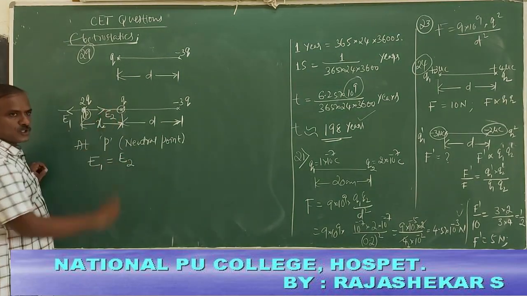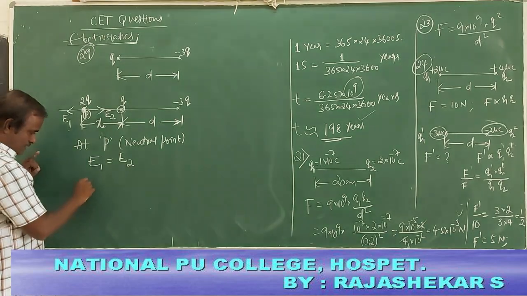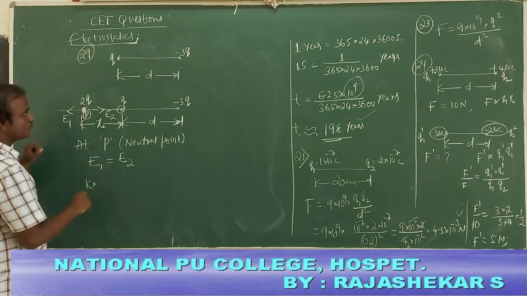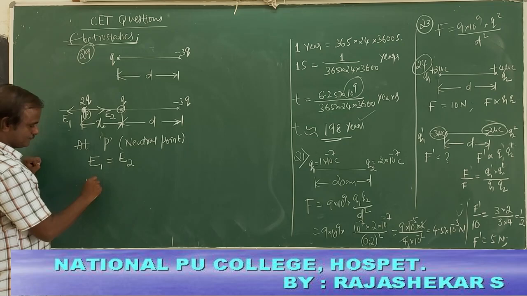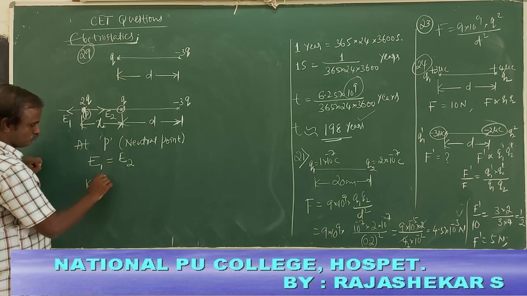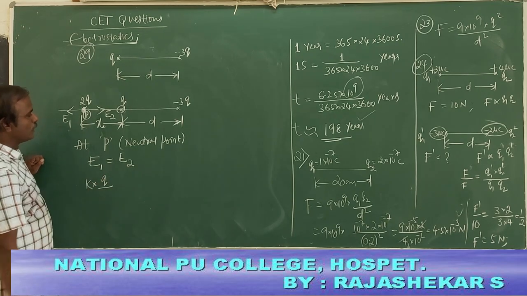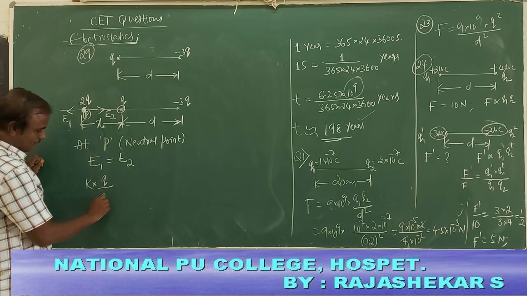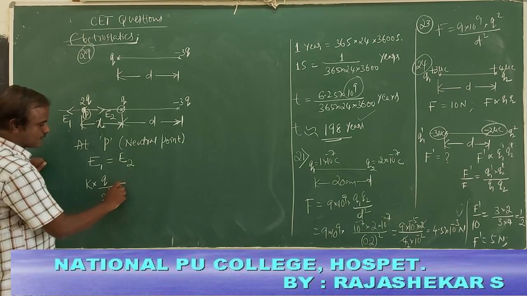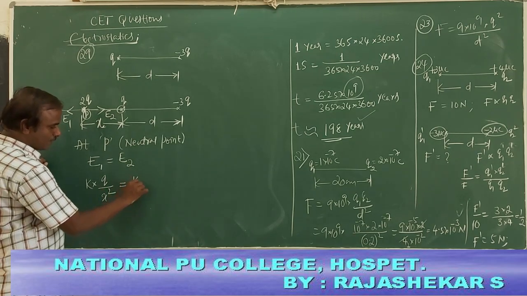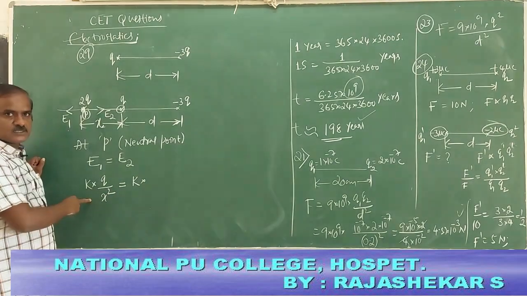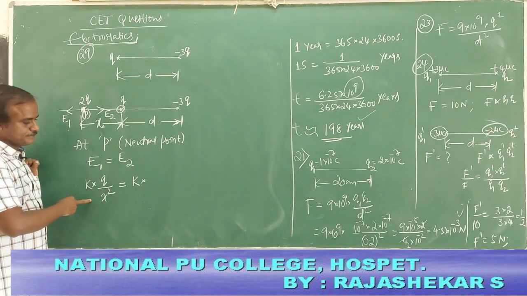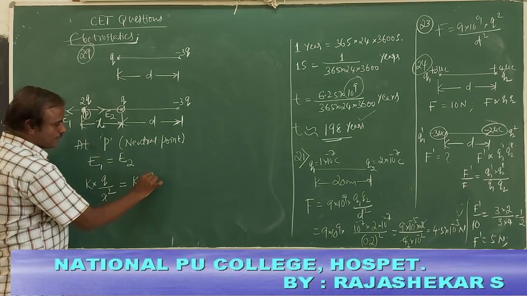E1 due to this charge is K into Q divided by X square, equal to E2. K is the proportionality constant whose value is 9 into 10 power 9, same cancels.